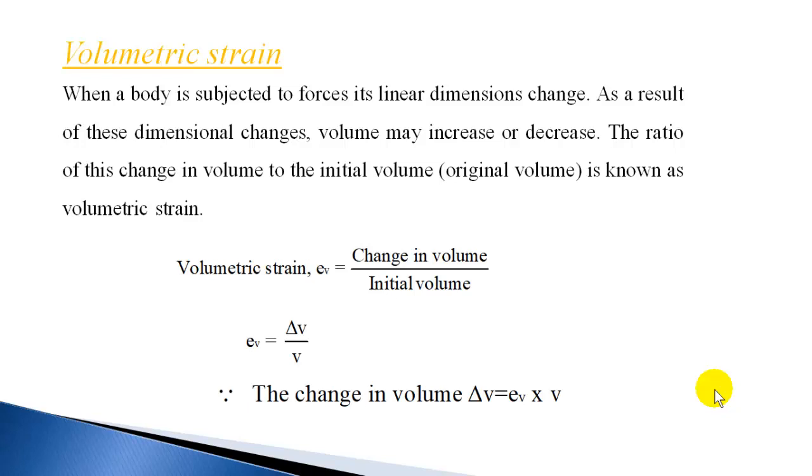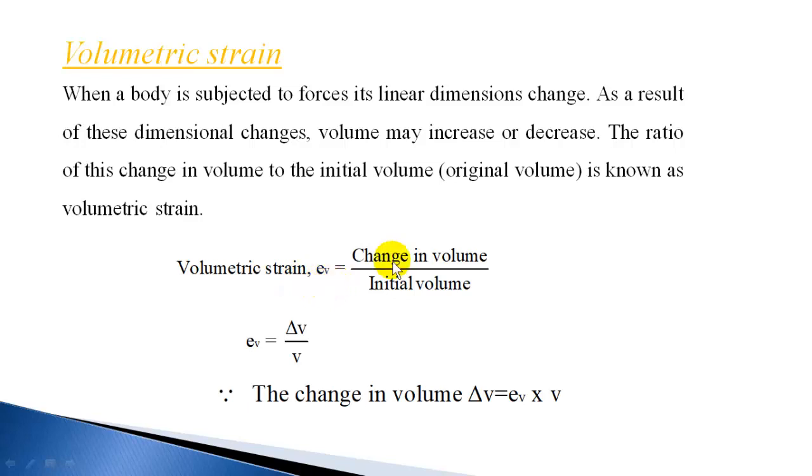Volumetric strain is the ratio of change in volume to the original volume when it is subjected to loading. As a result of loading, the dimensions of the body change, and this induces a change in volume, and the ratio of this change in volume to the initial volume is known as volumetric strain, and it is generally represented by EV.